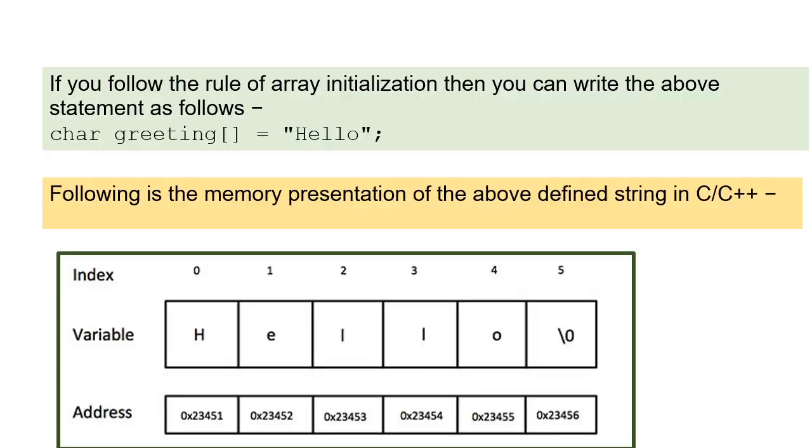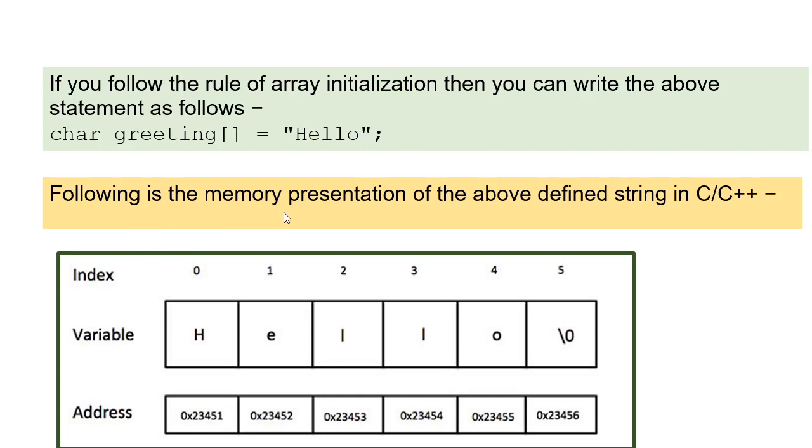If you follow the rule of array initialization, then you can write the above statement as char greeting[] = "Hello". If you do not write the size, then it will take the number of characters in the word automatically.